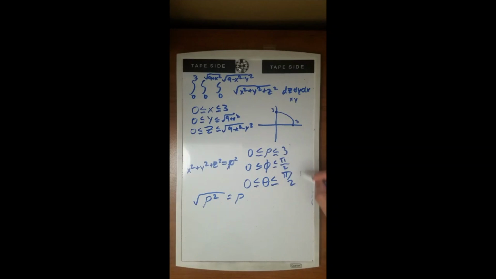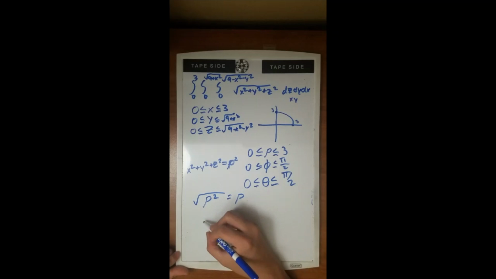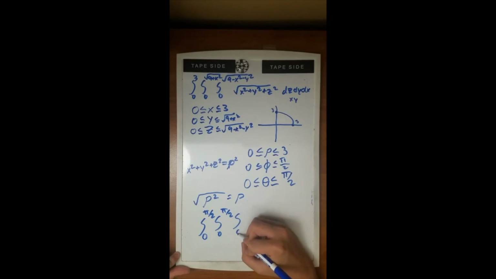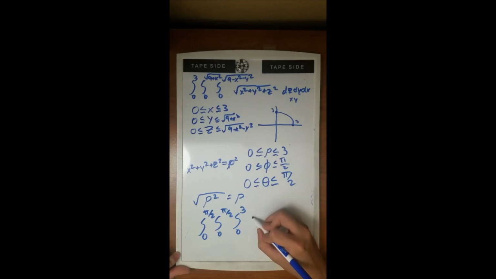And since these bounds are all constants, it's really nice, so we can move them around as well. That means that we can rewrite it as from 0 to pi over 2, 0 to pi over 2, and 0 to 3 of rho, and then d rho d phi d theta.